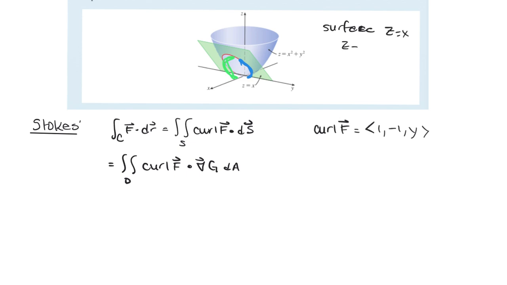If I get everything on one side, that's what I've been calling capital G. We'll need the gradient of g to get our normals. So the partial with respect to x is -1, the partial with respect to y is 0, and the partial with respect to z is 1.